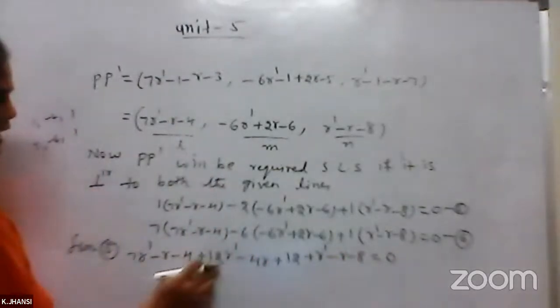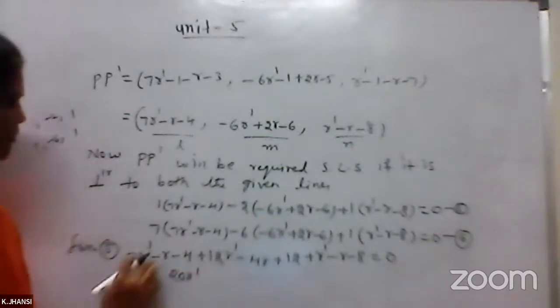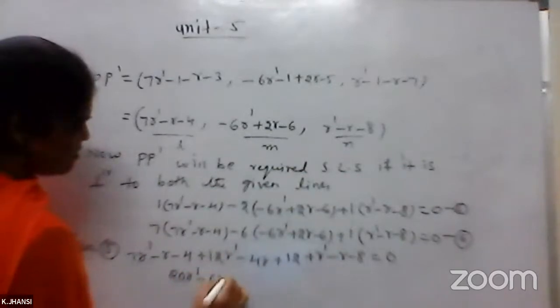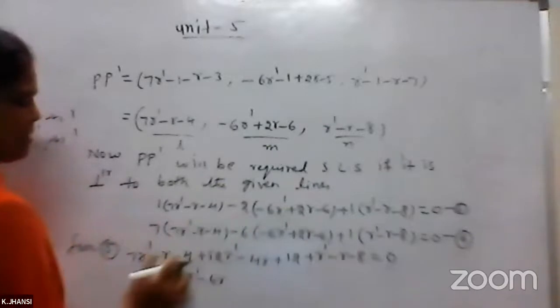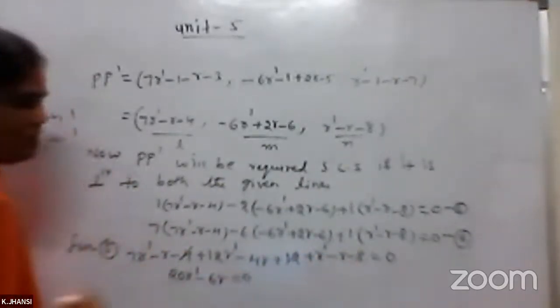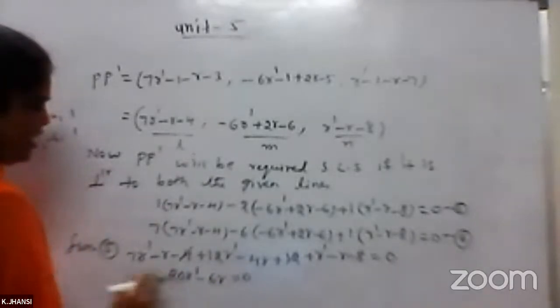So 7, 19, 20. Okay. Minus r, 5r, 6r. Next, minus 4, minus 8 is minus 12, and here plus 12 is there. So the constant value you are not getting. So this is what we are getting from the fifth equation.